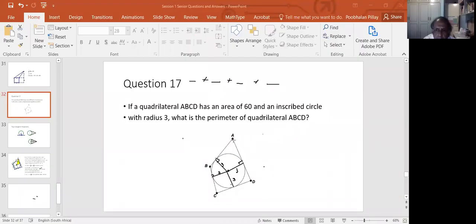I'm going to join this diagonal like that. And now you'll see that this quadrilateral is now divided up into 2 triangles, and both of them are right angle triangles. So we should be able to calculate the area of that triangle.